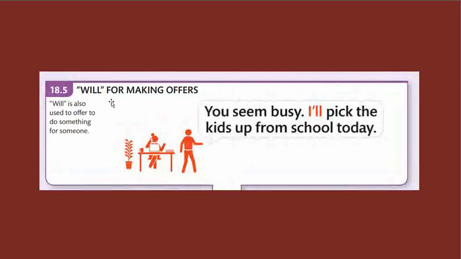The next pointer that we have is will for making offers. Will is also used to offer to do something for someone, some kind of help offer to someone. For example, you seem busy. I'll pick the kids up from school today. This is the help that you have offered. I will, or contracted form is I'll.